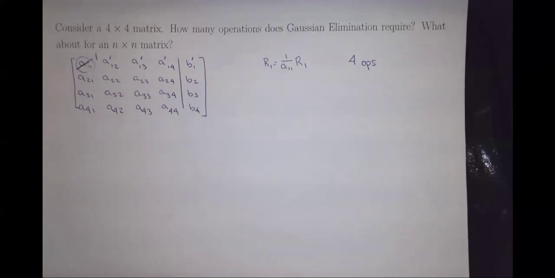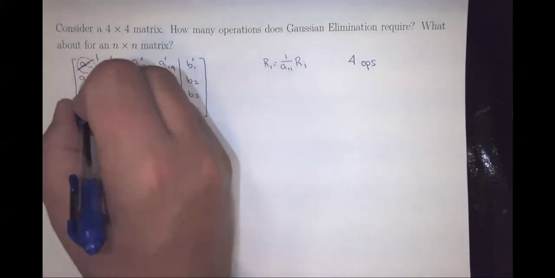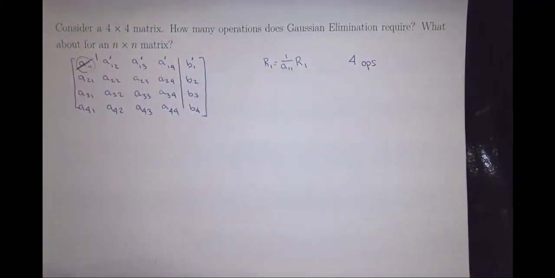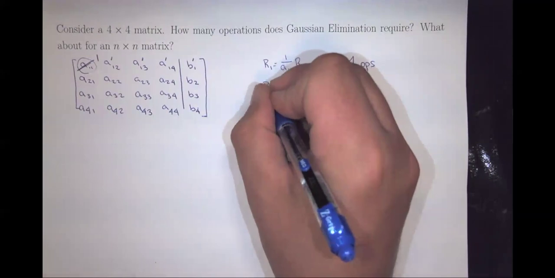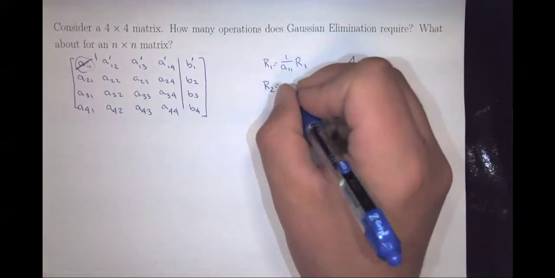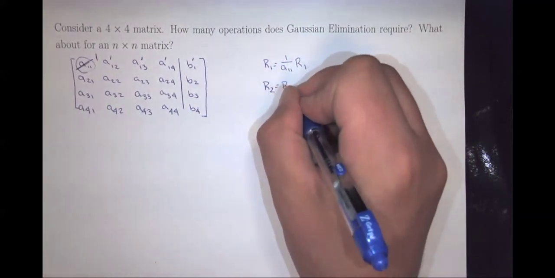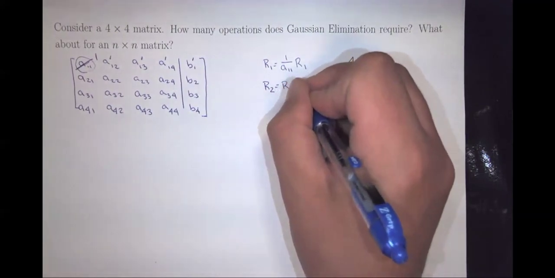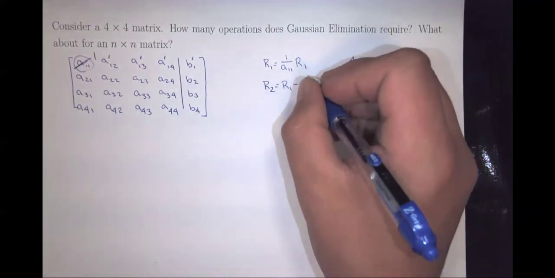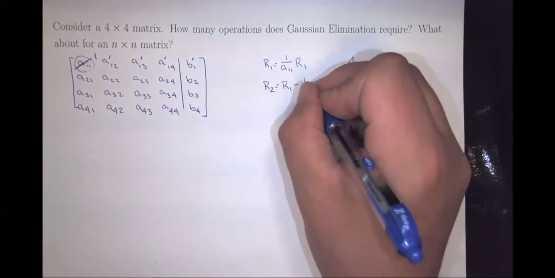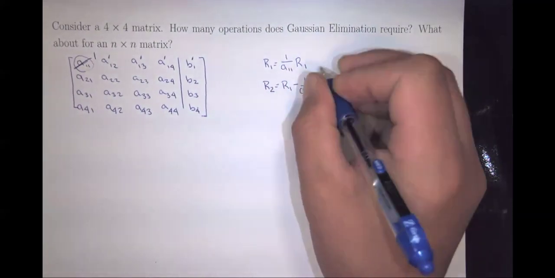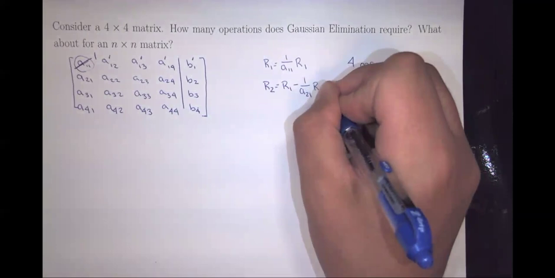So it's a different number, but it is just some number. Now, once this is 1, we have to get these guys to be 0. So for example, row 2 is going to be row 1 minus 1 over A21 row 2.